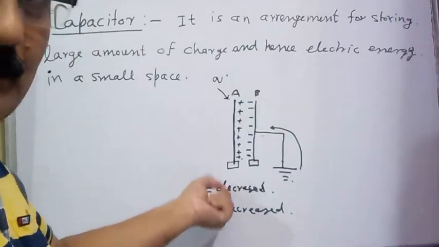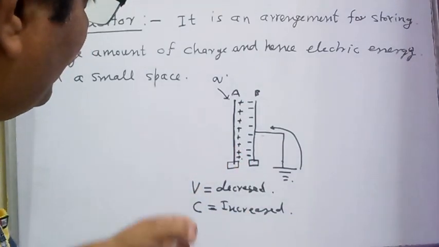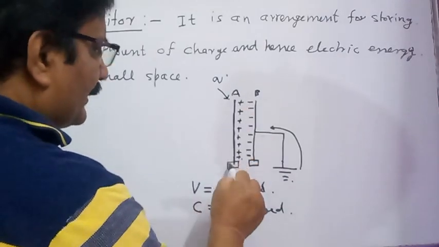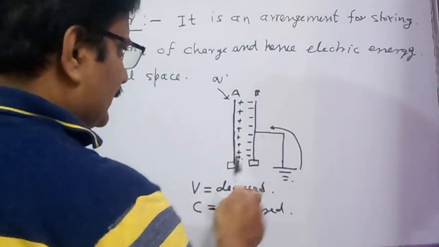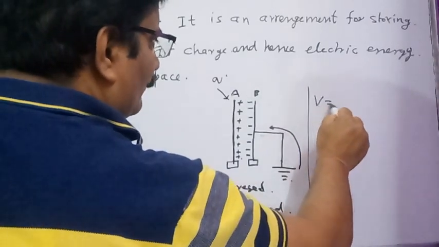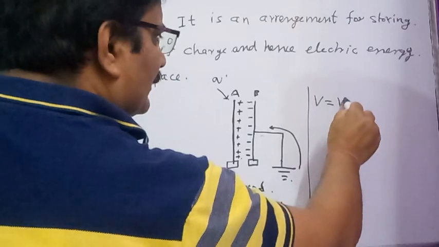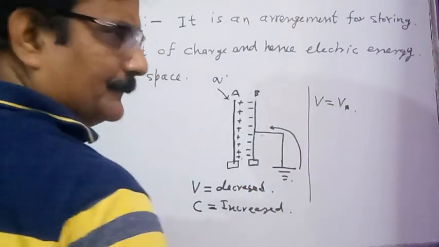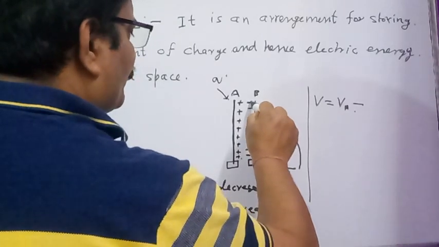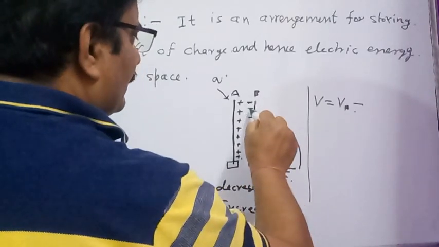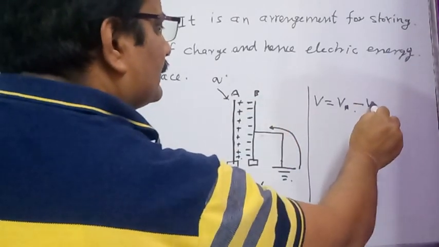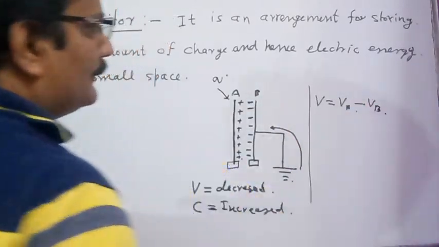of how a capacitor works. In any capacitor, what is the value of the potential on the surface of conductor A? The potential on the surface of conductor A can be written as V is equal to the original potential on its surface, that is VA, minus the potential due to the presence of negative charges after induction, that is VB.